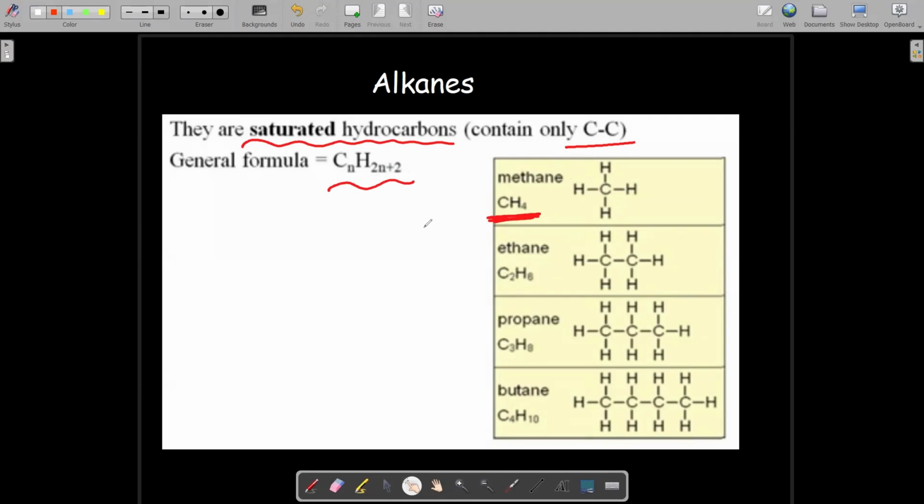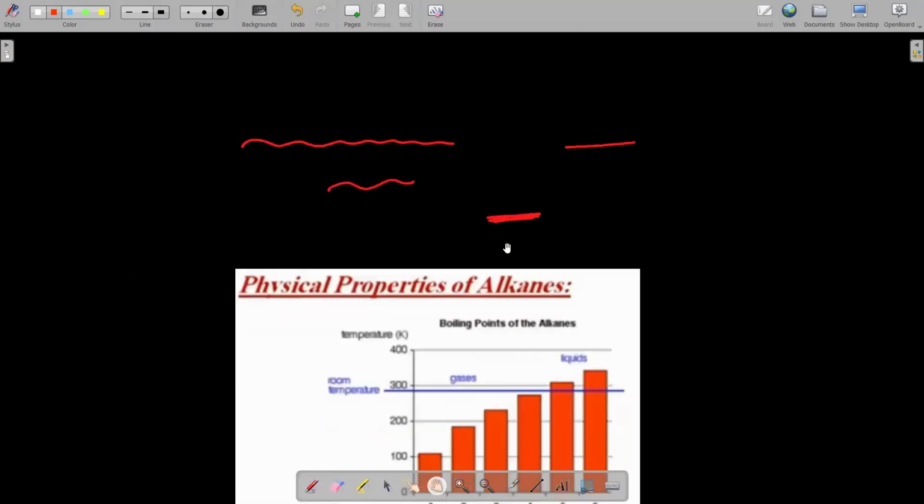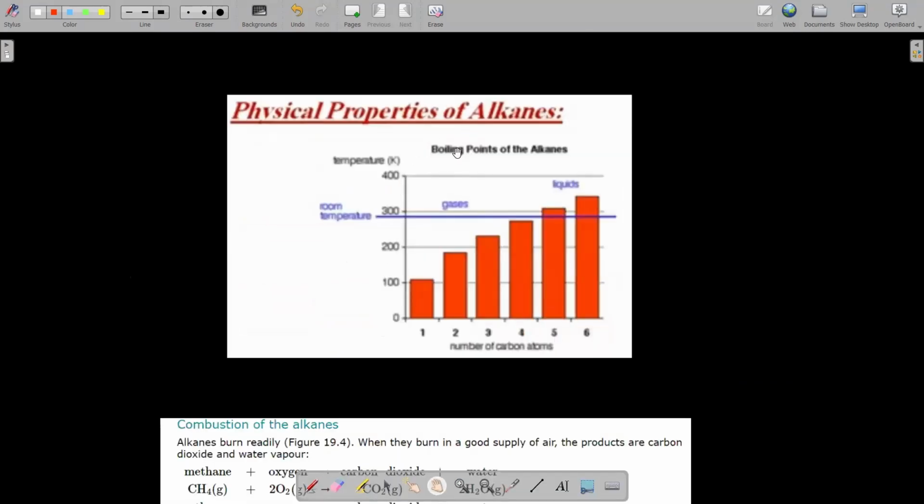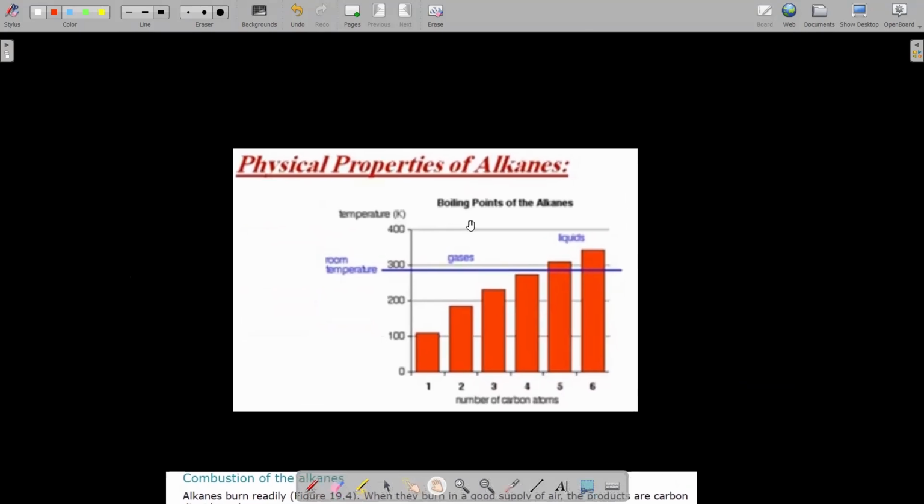There is a consistent trend in the physical properties with increasing molecular size. So if you look at this picture, you can see that as the number of carbon atoms increases, the boiling point also increases.